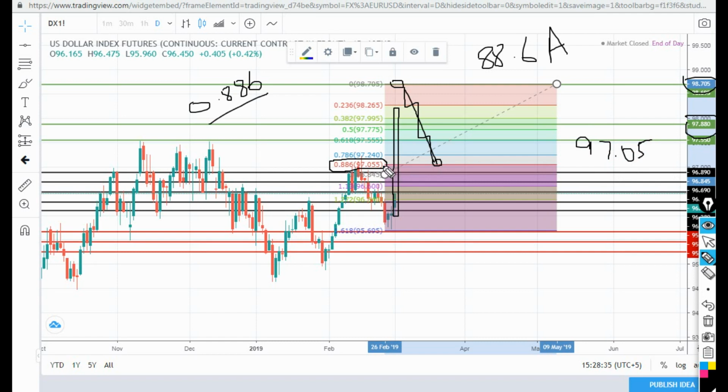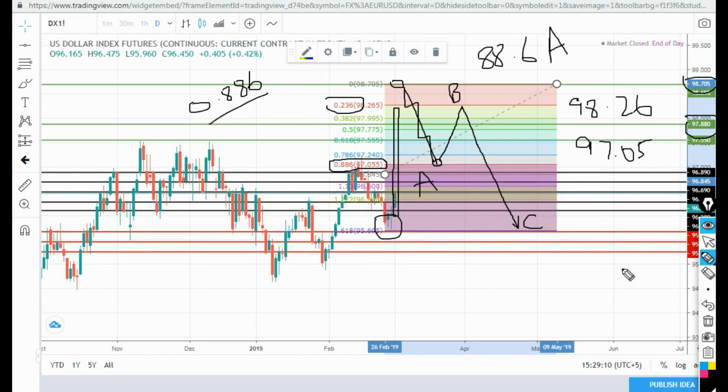So it's very true that you will see this number according to a wave, and then it will go back to 0.236, which means 98.26 for your B wave, and then after you will see a C wave which straightly breaks this area. This is your C wave back to the pavilion.